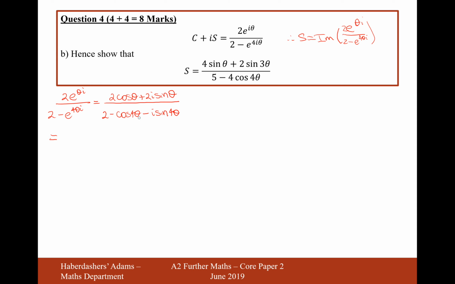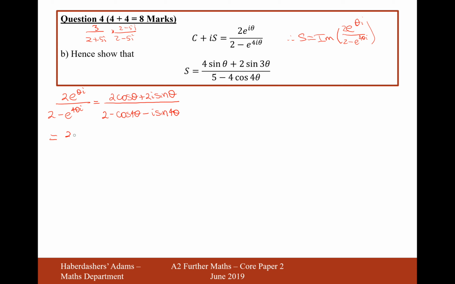We need to rationalize the denominator, or effectively get rid of the i on this denominator here. If you think about it, if we had 3 over 2 plus 5i, then the way we would get rid of the i on the denominator is to times by the complex conjugate of the denominator, so times top and bottom by 2 minus 5i. This is effectively what we're now going to do in this question here, but with something much more complicated.